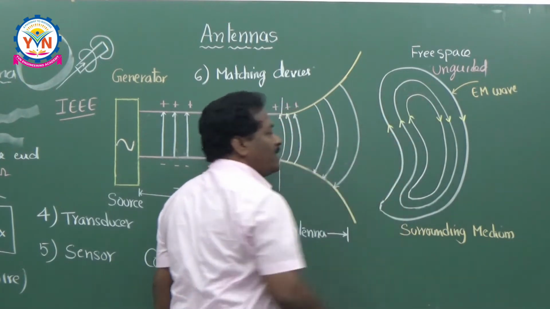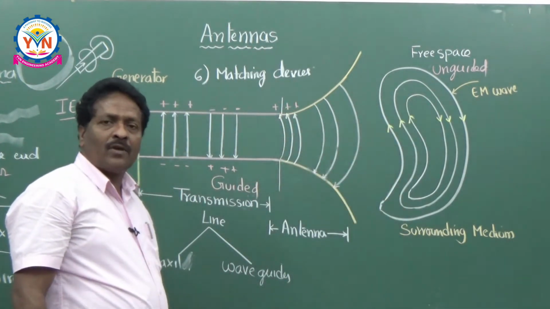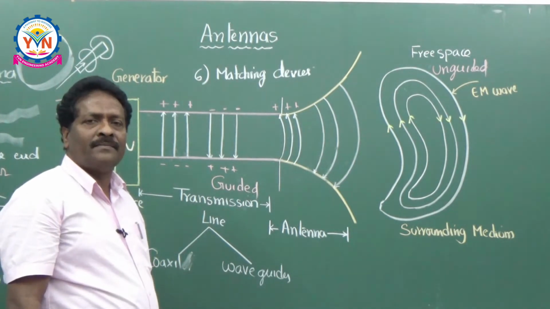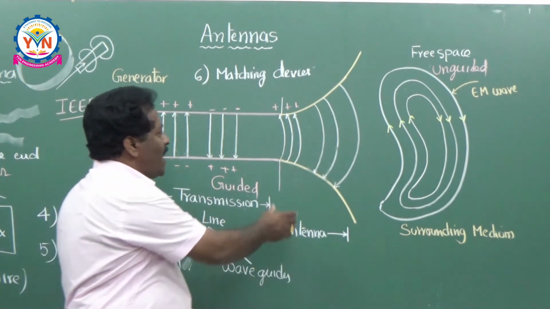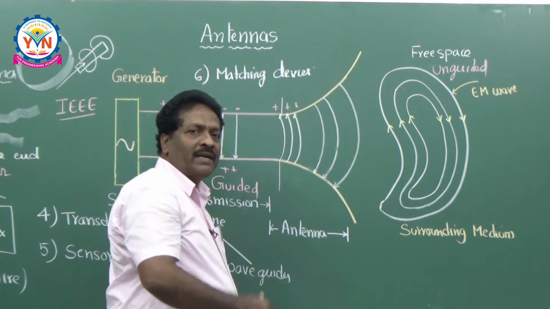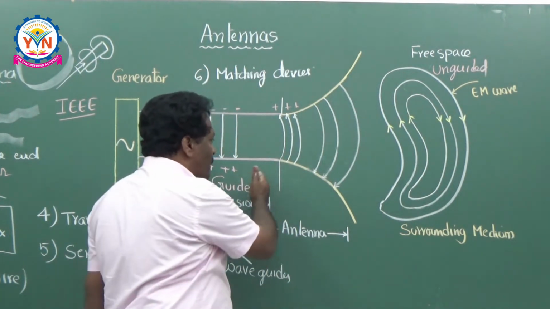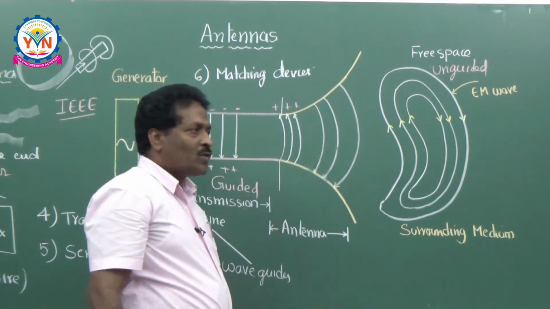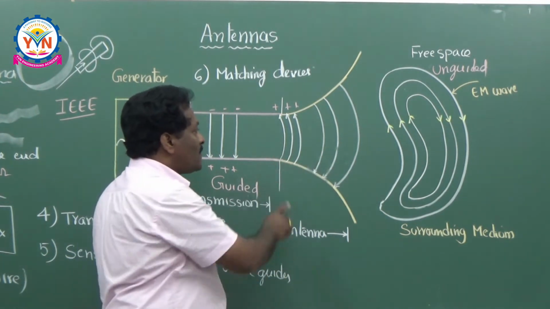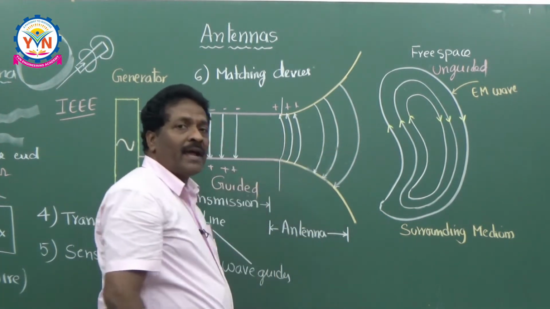What is unguided? It is nothing but free space. So, free space is nothing but an unguided structure. So, that's the reason the antenna is playing a crucial role in transmitting the information from one place to the other place. So, this way you have to understand the concept of your antenna.